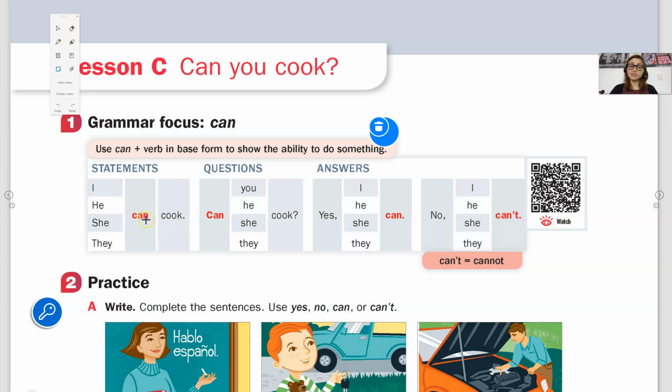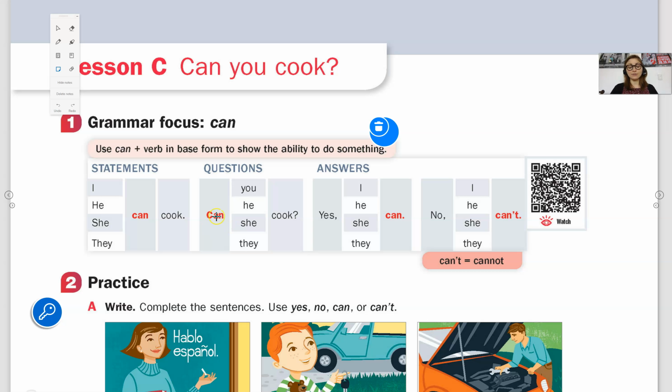And we see here there's no S, there's no changing, nothing special. Everybody uses can. I can, you can, they can, we can, everybody. So it's a little easier.